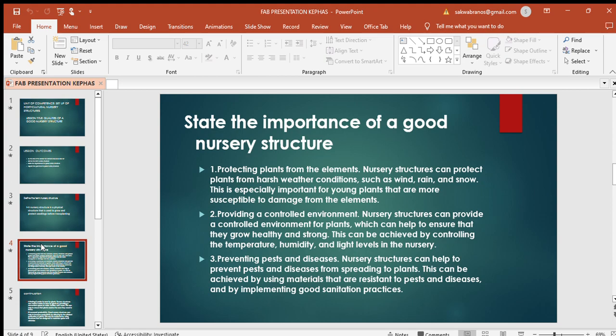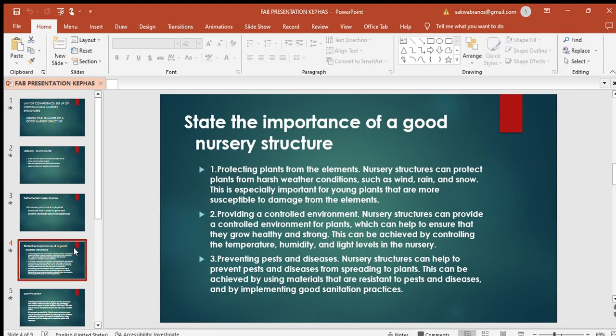Number two, it provides a controlled environment. In nursery structures, there is a controlled environment that is good for the growth of seedlings. Therefore, they provide required temperature and humidity, therefore making seedlings grow well.